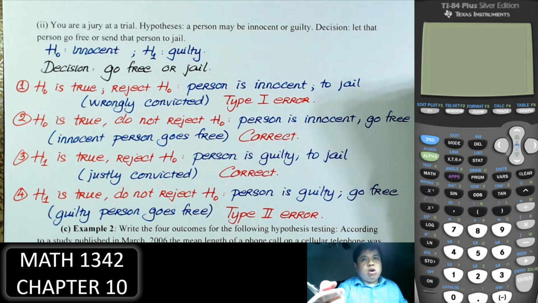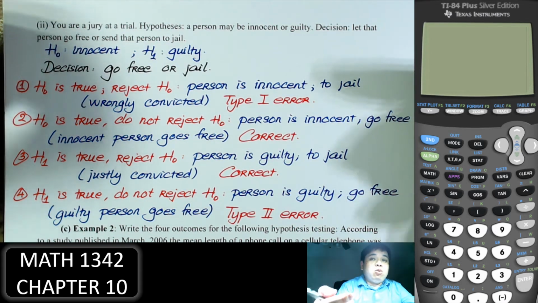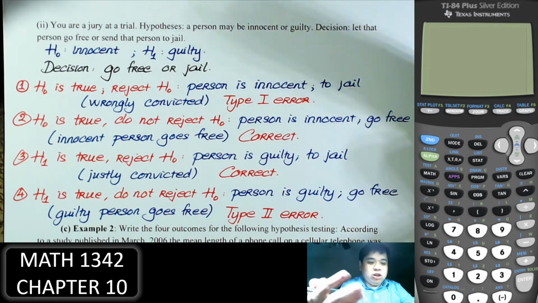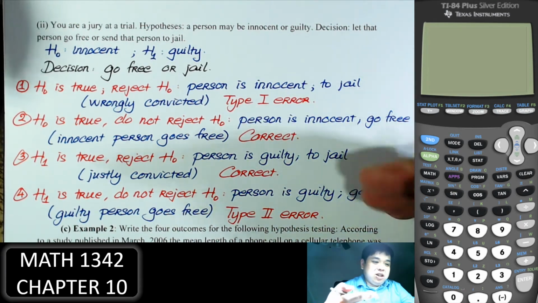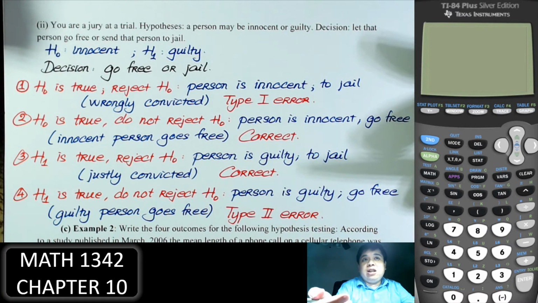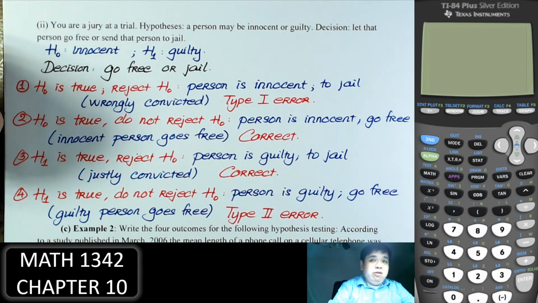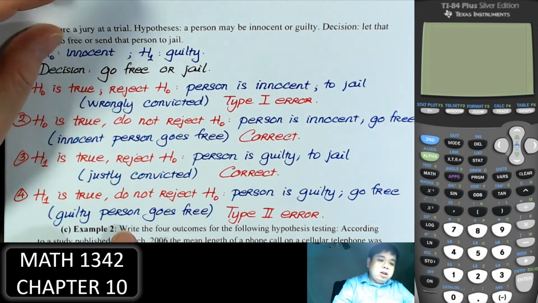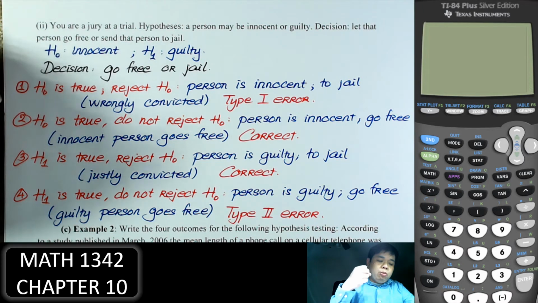innocent. But of course, we're not saying that the person is innocent. We just say the person is not guilty, right? So that is the language of this. The court system is exactly like the language in statistics. Once again, the verdict is guilty or not guilty. So either we reject the null hypothesis or do not reject it.